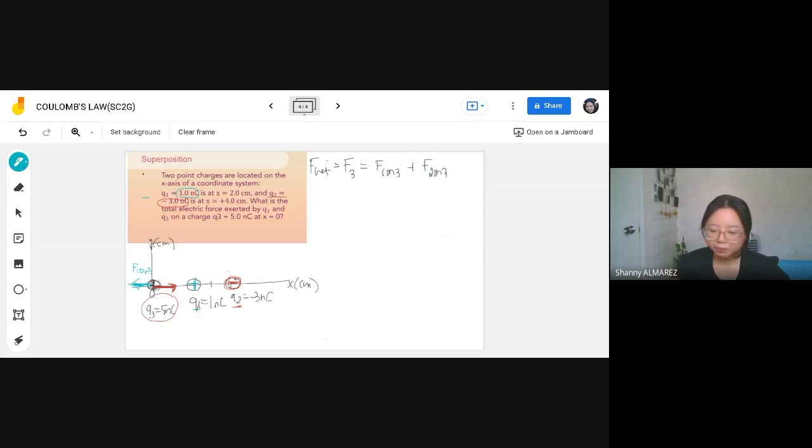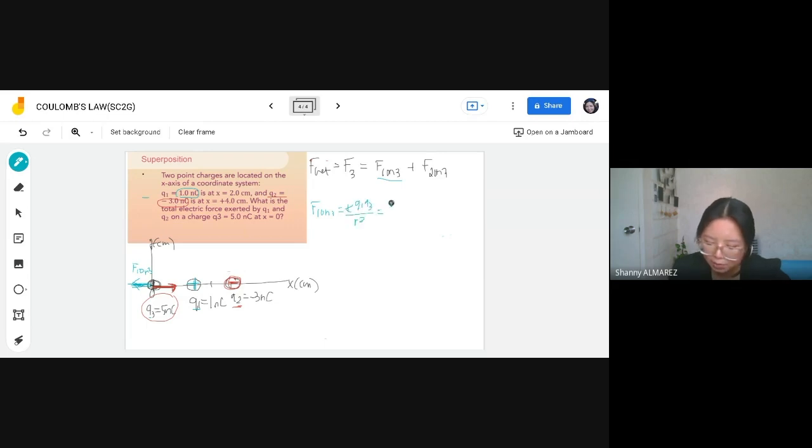Okay? Nakuha? So if that's the case, we have to compute individually for the value of F1 on 3 and F2 on 3. So let's start with F1 on 3. F1 on 3 is equal to K times Q1 Q3 all over R squared.